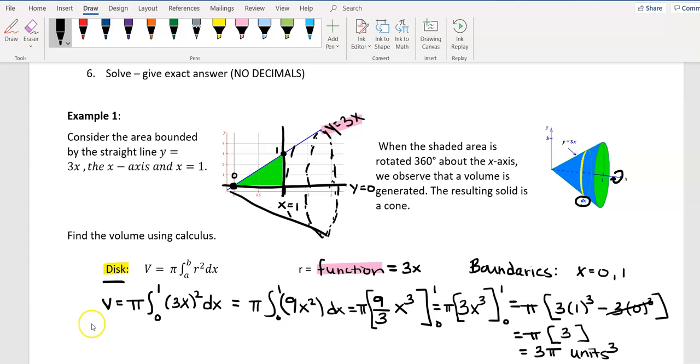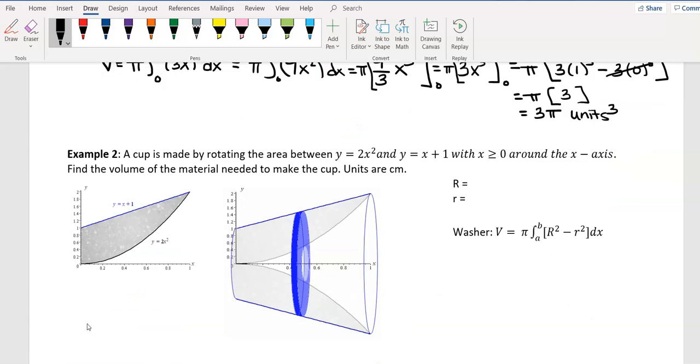So now that we've seen an example of a disk, let's see an example of a washer. Example 2. A cup is made by rotating the area between y equals 2x squared and y equals x plus 1, with x greater than or equal to 0 around the x-axis.